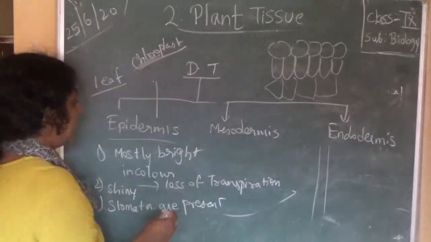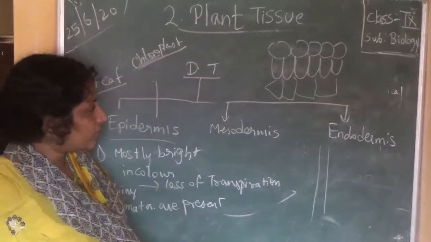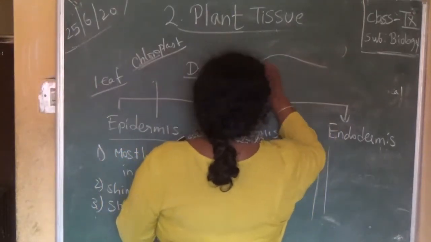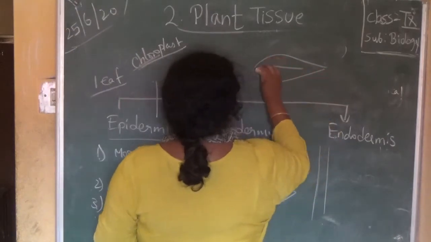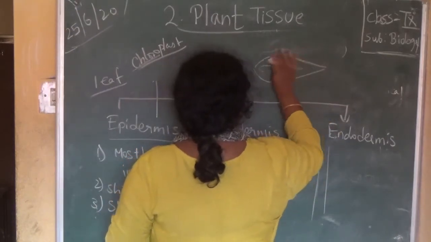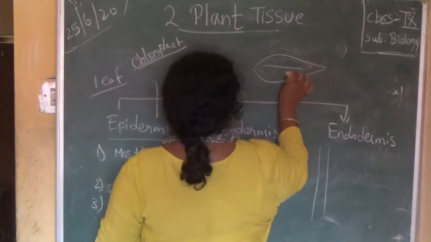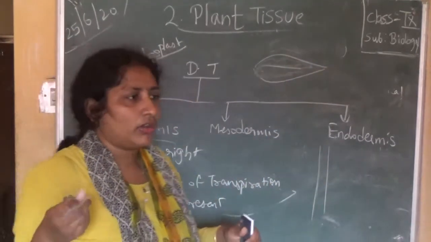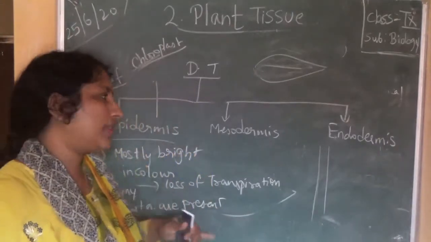Okay, now suppose this is your leaf. It is covered by some shiny material, some gum, a sticky substance, you can say shiny.